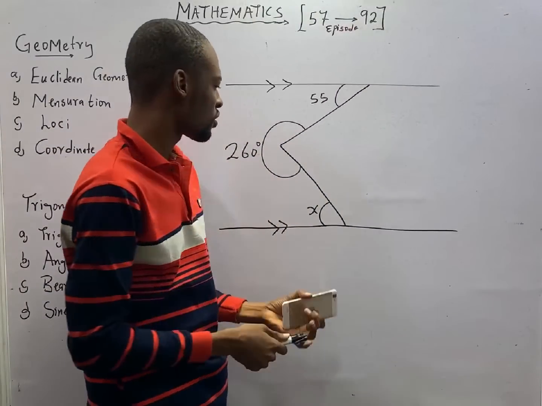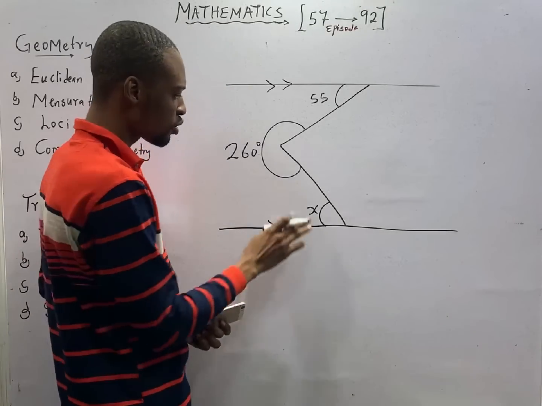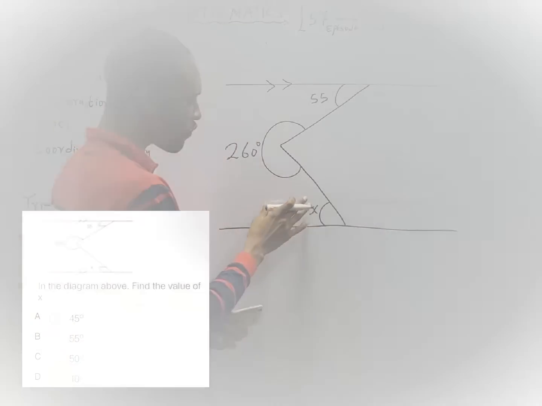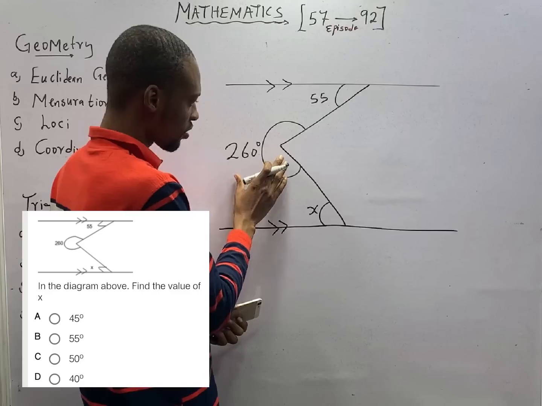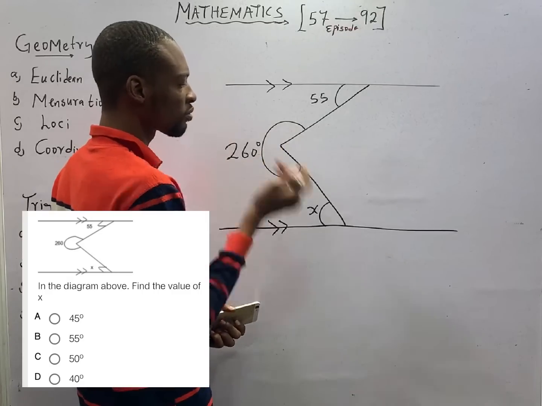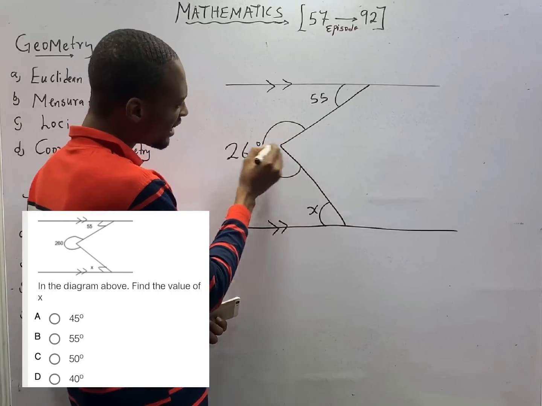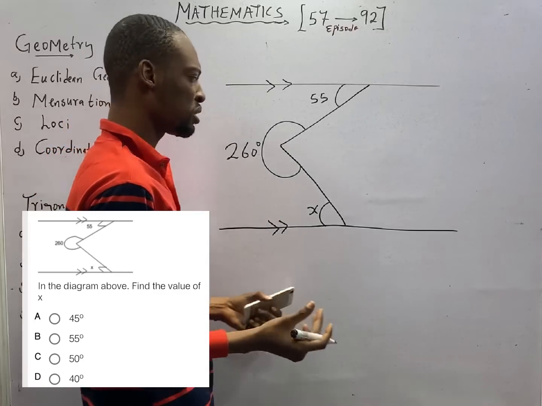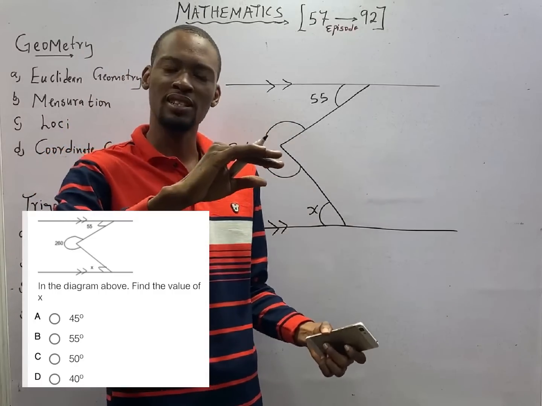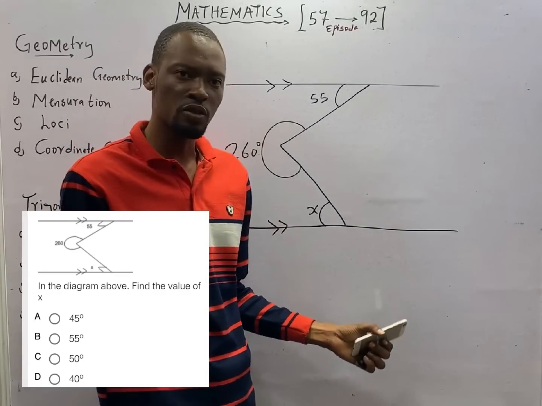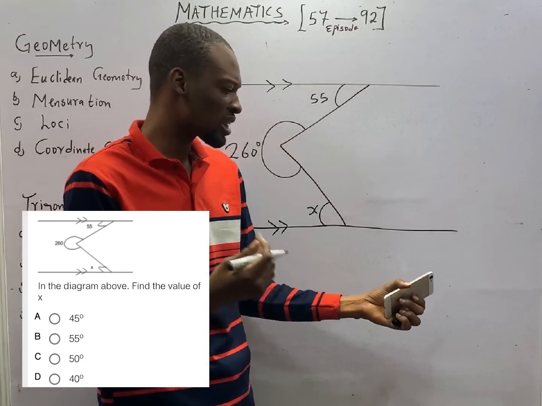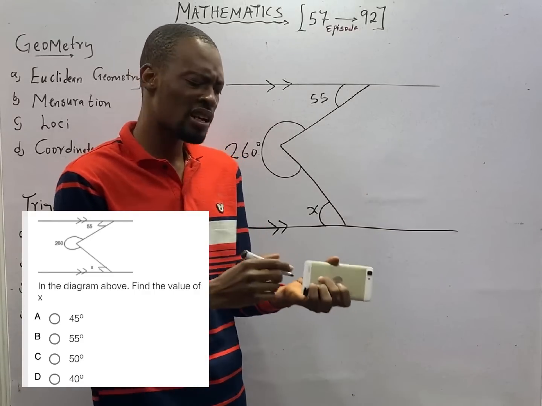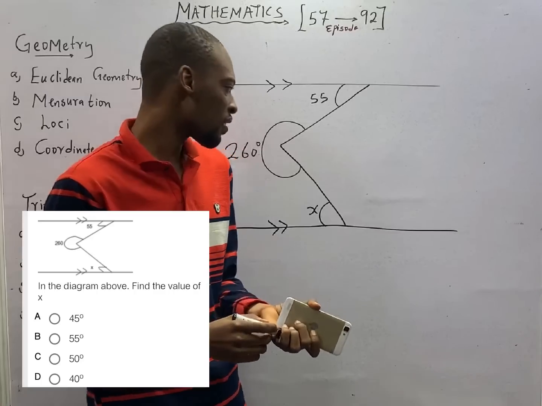Look at this question. We are required to find the value of S. This is this angle. And I told you that once you have lines joining, you can be drawing your cardinal points. That will make things easier for you to know whether some angles are actually alternate or not, and at least it's going to give you some idea.